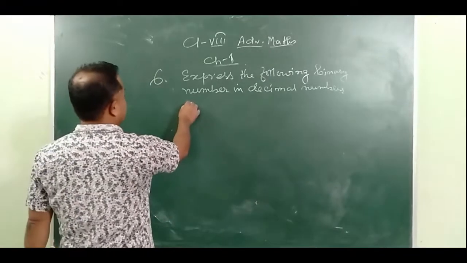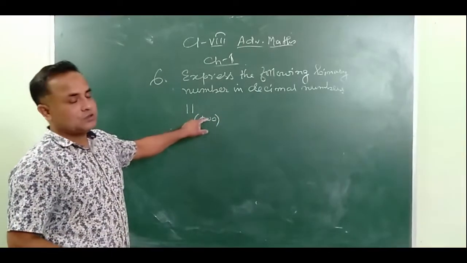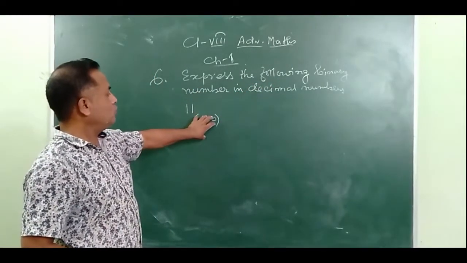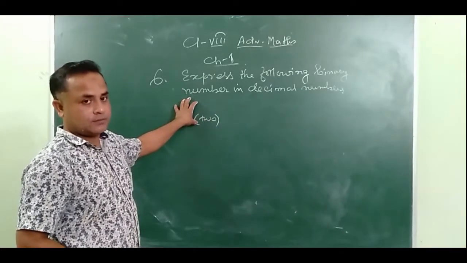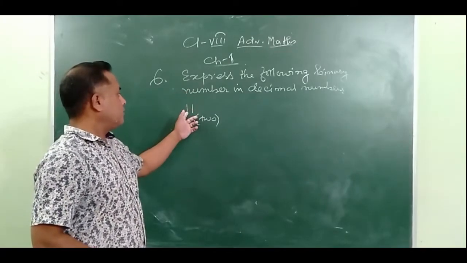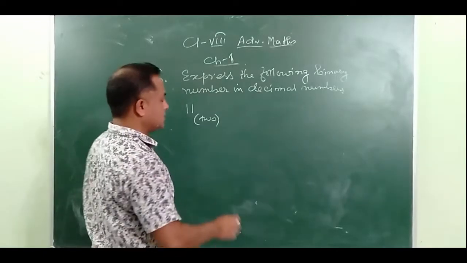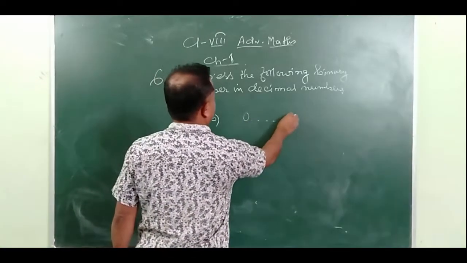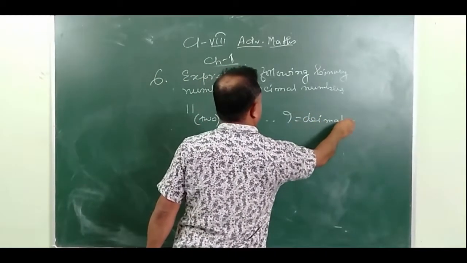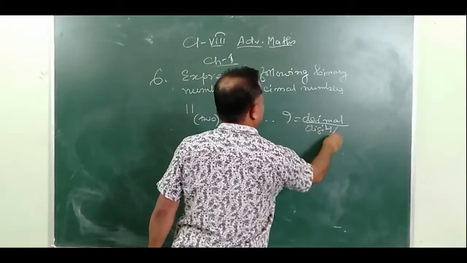One example, 11. Since the base is 2, that is why it is called binary numbers. Base 2 means binary numbers. Also, one thing we need to note is that 0 to 9 are called the decimal digits.